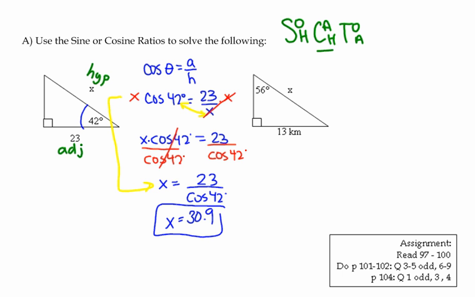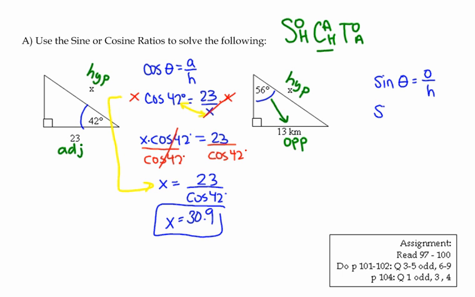Okay, so one more question. We have 56 degrees. So 13 is opposite, x is hypotenuse. O and H is sine. Sine of our angle equals opposite over hypotenuse.